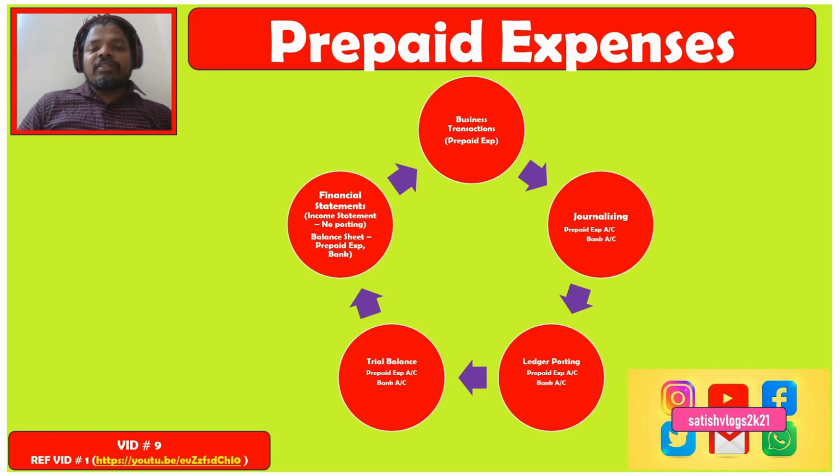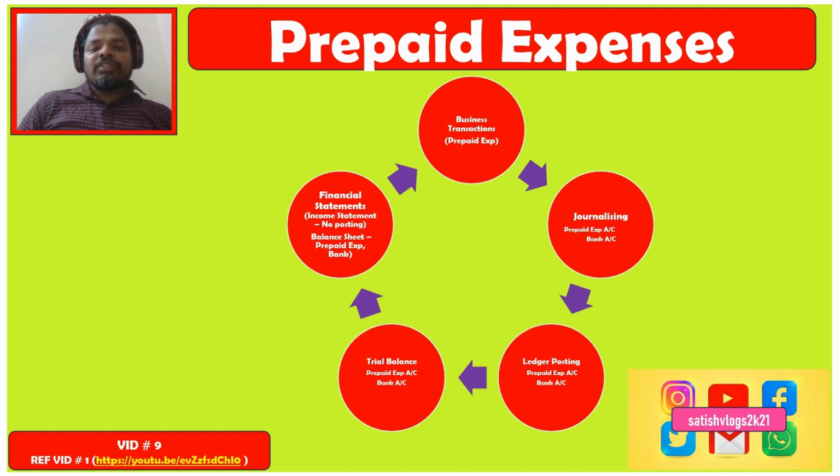As stated previously, as this prepaid expense is a real account, this doesn't directly impact my income statement, because the income statement normally gets impacted by the accounts which fall under nominal accounts, right? So there will not be any posting in the income statement for this particular entry.